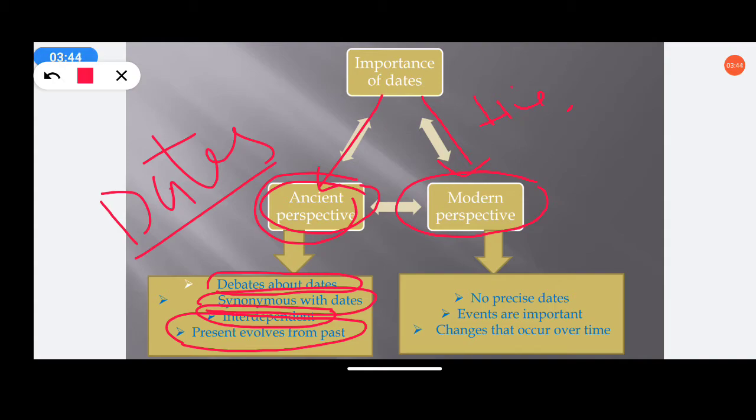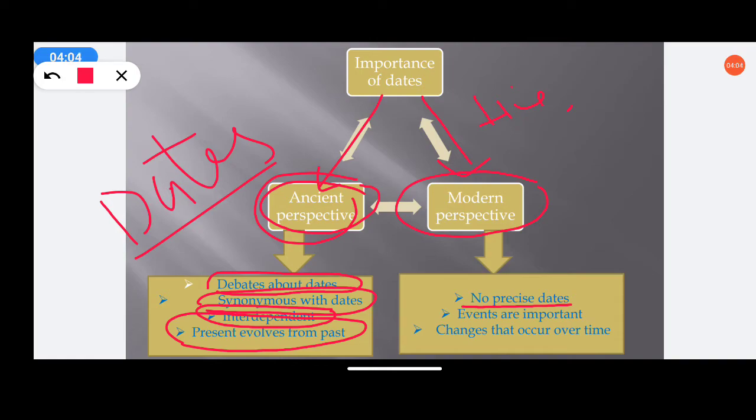According to modern historians, dates are not important in history, but events are important. They are also of the opinion that we can't give precise dates to all the events of the past.